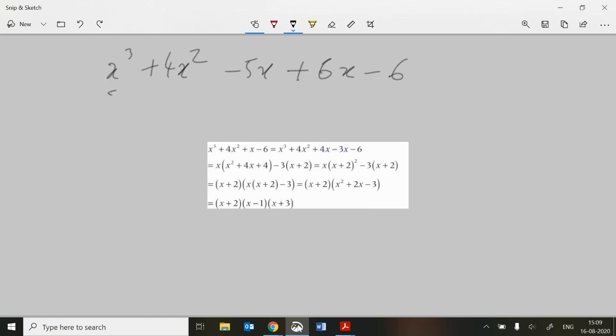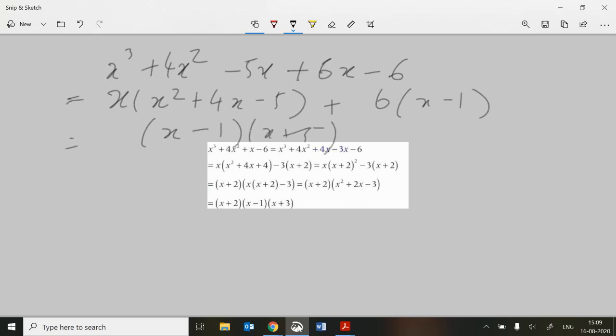And then we could see, well, if we take out an x here, we're getting x squared 4x minus 5 plus 6 lots of x minus 1. Well, that's working. Okay, and let's see if we can take that forward. We've got x minus 1 there and x plus 5. Well, that is working. Is that working?